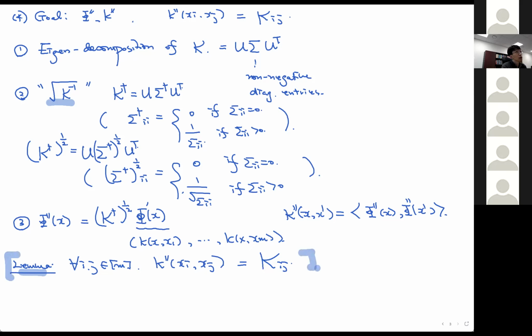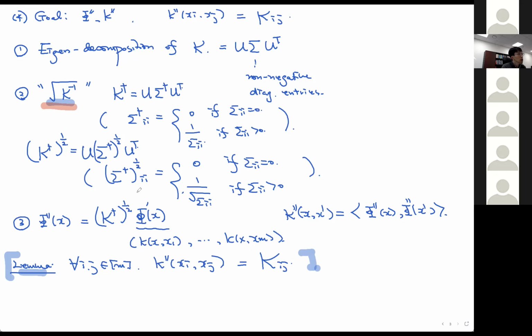And the question is, why is that the case? Beforehand, if we just do it naively, instead of Kij, we have K squared ij. So what really happens here intuitively is that because we have this square root of K minus 1, if you compute the kernel using K double prime, this K minus 1 starts to appear.